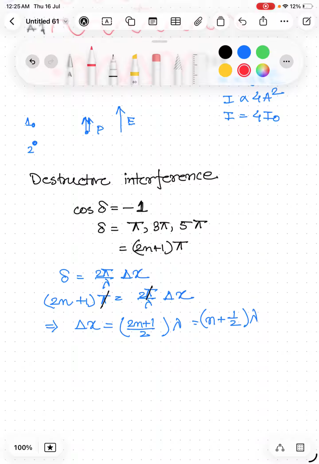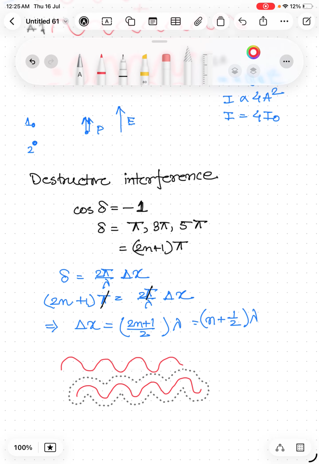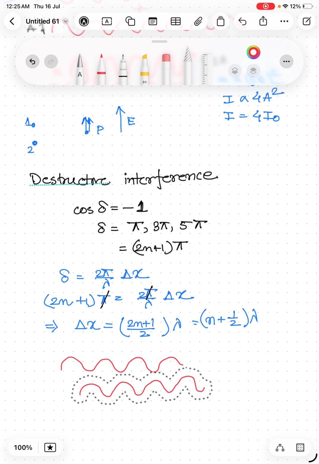Why? We can check that once again. So we have this wave that is coming from one source. We have the same wave coming from the other source. Now let us move this wave by lambda by 2, n equals to half. If I move it by lambda by 2, then I'm going to coincide the crest with the trough.